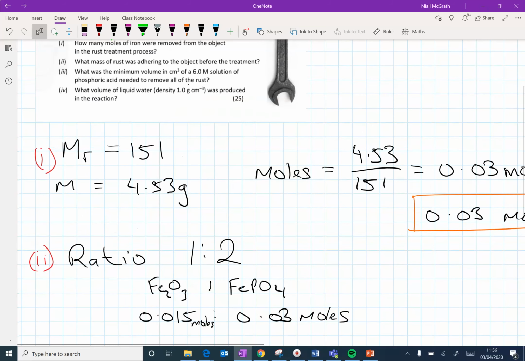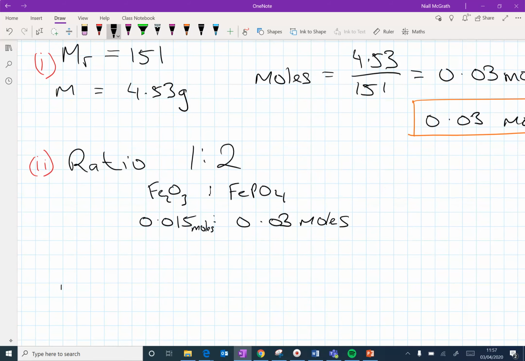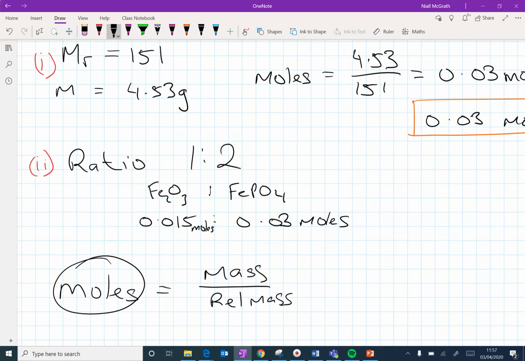Now, in the question, you're asked for the mass. So if we take our usual formula, moles is equal to mass over relative mass, we have the number of moles and we can calculate the relative mass. The relative mass of iron oxide is 160.